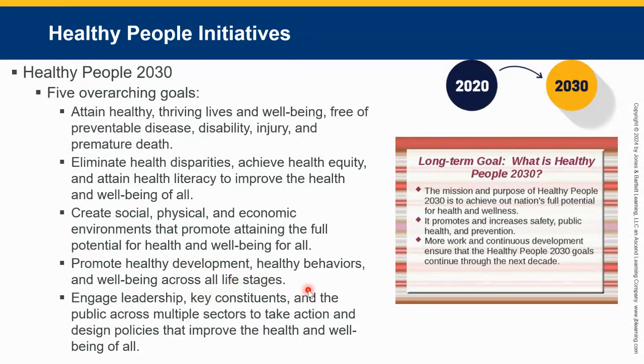Promote healthy development, healthy behaviors, and well-being across all life stages. Engage leadership, key constituents, and the public across multiple sectors to take action and design policies that improve the health and well-being of all. So this is 2020 going into 2030, and their long-term goal for Healthy People 2030.